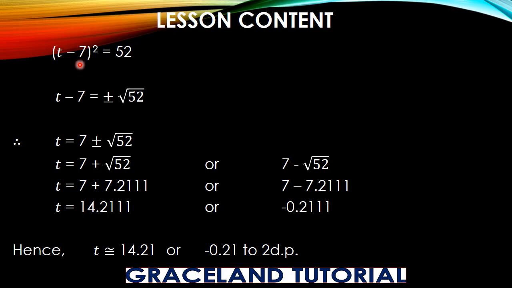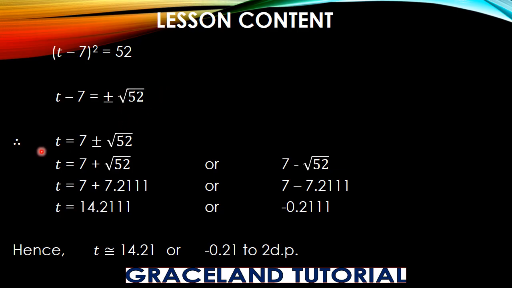Now, t minus 7 squared is equal to 52. To find t minus 7, you find the square root of 52. So t minus 7 will be equal to plus or minus the square root of 52.